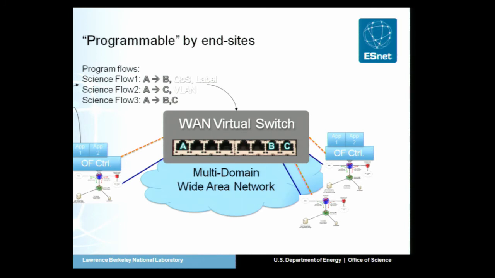And as OpenFlow 1.3 gets implemented, you can specify a QoS, you can specify an MPLS label, you can direct flows from A to B, sometimes from A to Z, A to C, and depending on what your application is, program a multi-point flow, a flow going from A to B and C. And that replication of that flow happens within the network, and the end site doesn't have to worry about that.